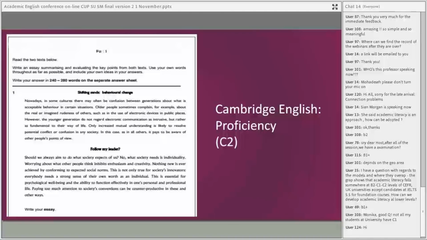And here, on the next slide, we have a C2 writing task, which reflects the CEFR overall descriptors for writing at that level. And again, I'll read these out to you. Can produce clear, smoothly flowing, complex reports, articles or essays, which present a case or give a critical appreciation of proposals or literary works.